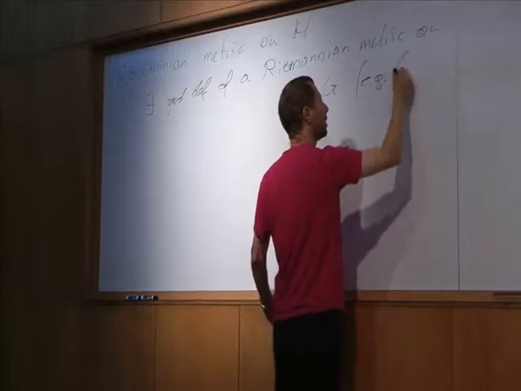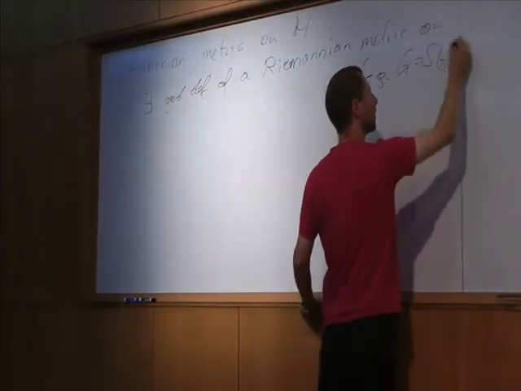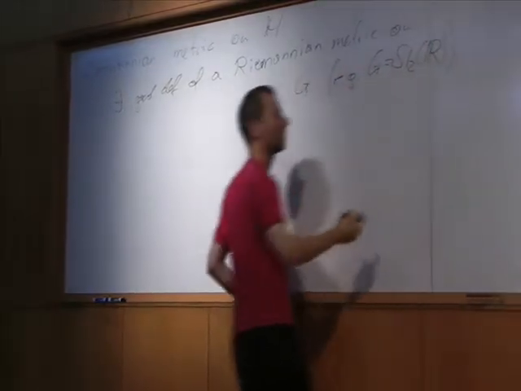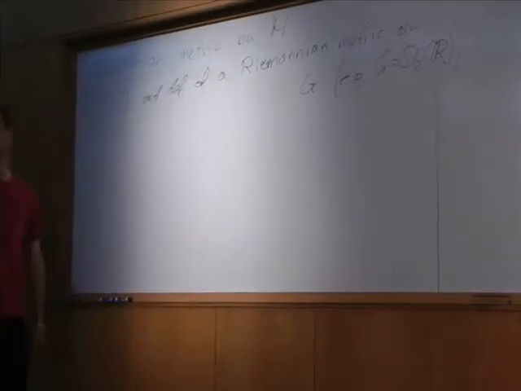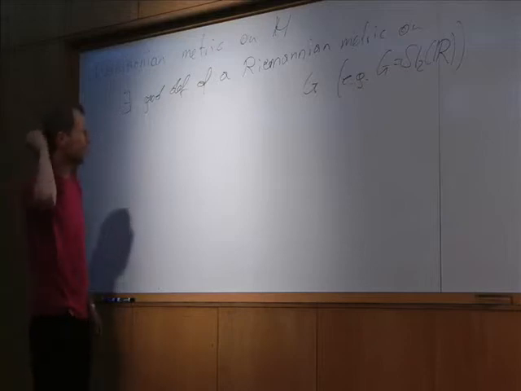e.g. G equals SO2R, but now we don't have to restrict ourselves any longer to SO2R. We could do the same for SO3R or some other simple, connected Lie group.